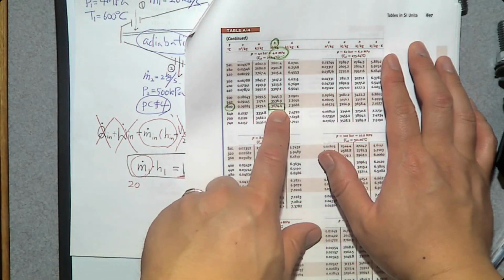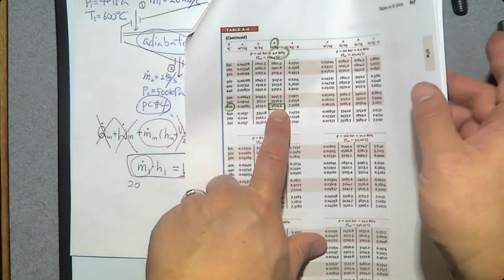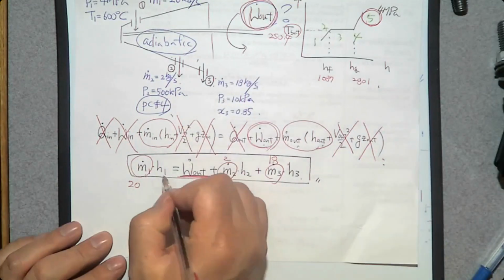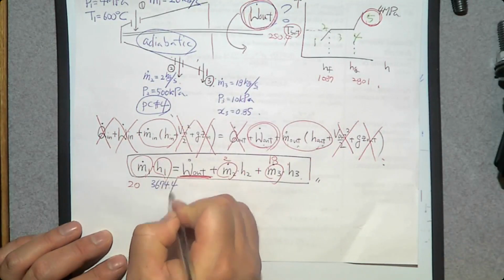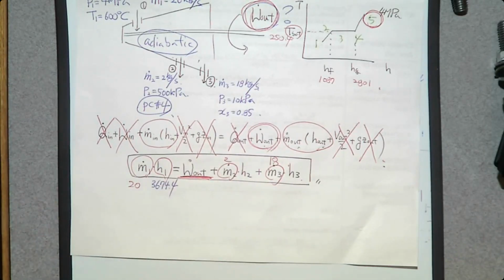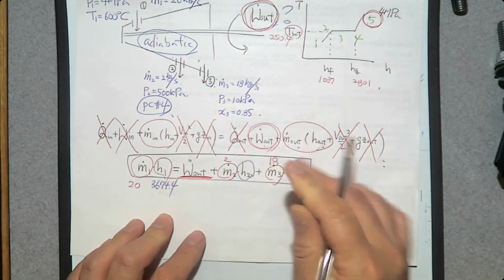H1 is 3674.4. Okay. That was easy, right? What about H2?